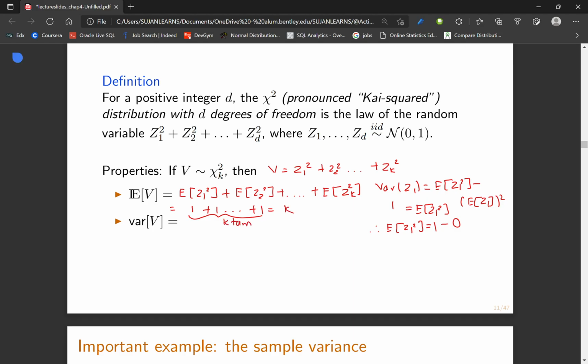What is the variance of V? How can you find that out?